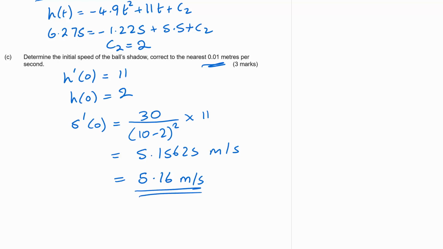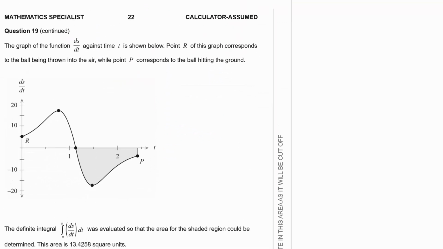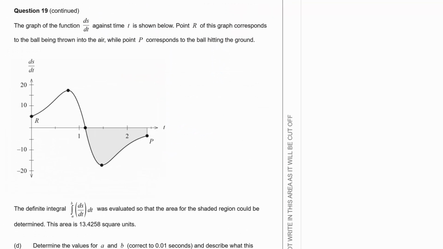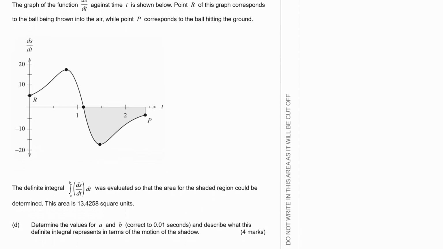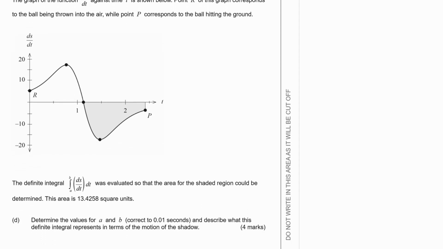So moving on, because there's more of this question. The graph of the function ds/dt against time is shown below. Point R of this graph corresponds to the ball being thrown into the air, while point P corresponds to the ball hitting the ground. The definite integral from a to b of ds/dt dt was evaluated so the area for the shaded region could be determined.